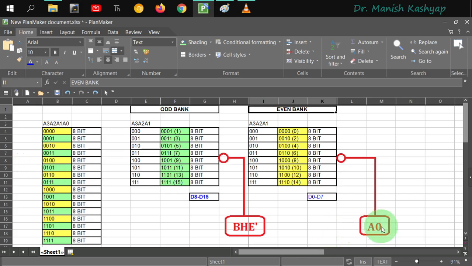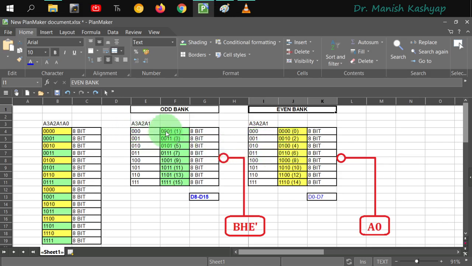So obviously we have applied A0 and BHE bar as per their table, and since we are seeing the first three bits 0 1 0 in A1 A2 A3, and since A0 has been attached as an activator signal, here also A1 A2 A3. So if you see the first three bits of both the numbers, they are 0 1 0 and 0 1 0. So in this bank also, this 0 1 0. So let's see where this 0 1 0 is. This is the 0 1 0, which corresponds to 4.